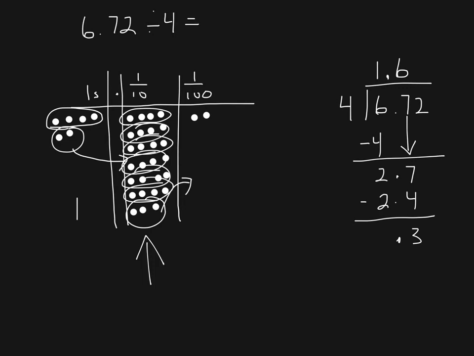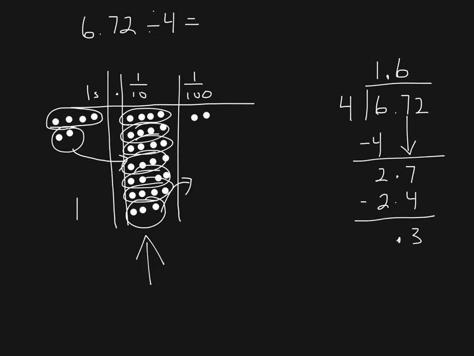Boy, oh boy, now I've got to make 30 discs in my place value chart. You can see why the place value chart gets a little cumbersome after a while. And we want to just stick to the standard algorithm because those larger numbers really require a lot of discs. So I'm going to add my 30 over here.